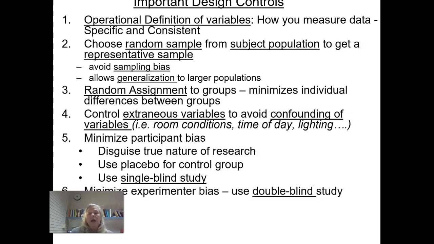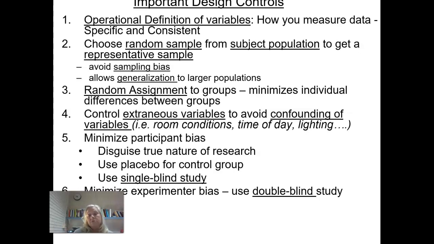If you use a double-blind study in order to minimize experimenter bias, then neither the researcher nor the participant knows which group they are in. At the conclusion of the study, the experimenter will get the data, but not until they have done the evaluation of, in the case of the PTSD study, the symptoms of PTSD.